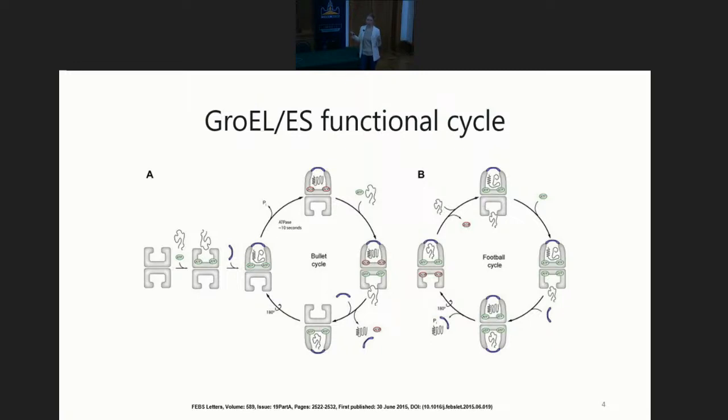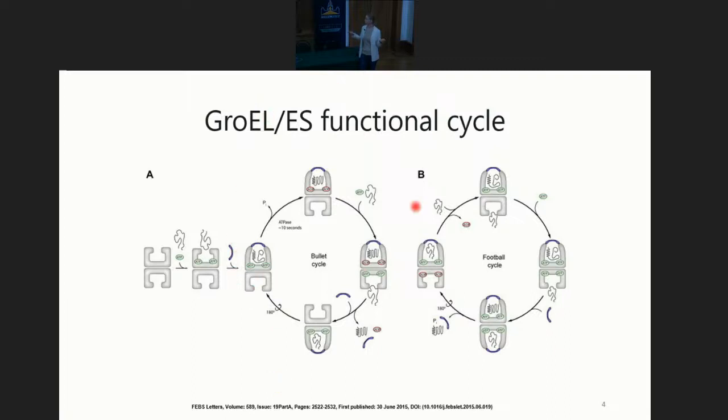And you only have bullets in this cycle. When the second ring binds ATP, it creates conformational tension in the equatorial part of the complex, and this causes the ADP molecules and the GROES to be released. So now you have another bullet, just rotated 180 degrees, and you are at the beginning of the cycle.